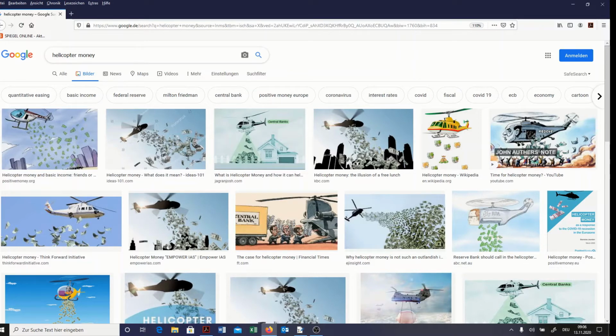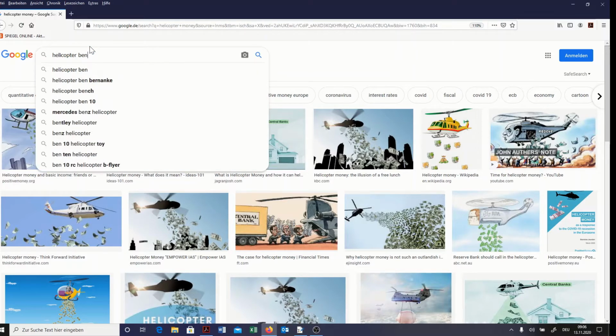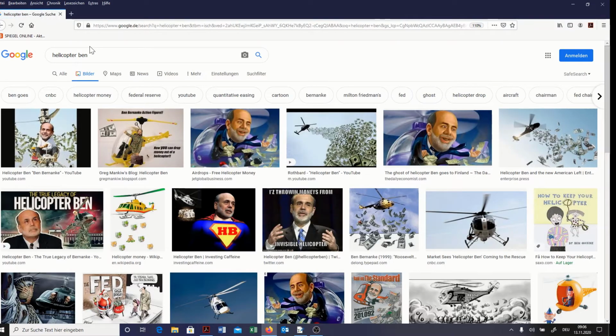One president of the Federal Reserve, the American Central Bank, also has a special nickname. His nickname is Helicopter Ben. When you type in this term, you can see here the governor of the Fed, Ben Bernanke, and it seems that he implemented this policy tool.